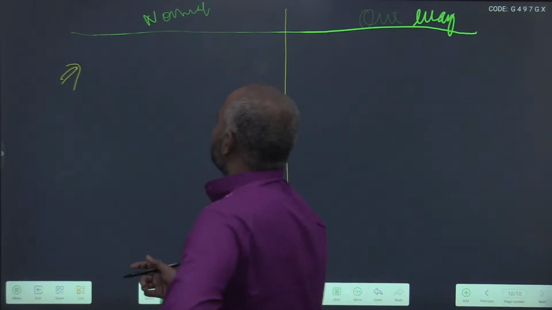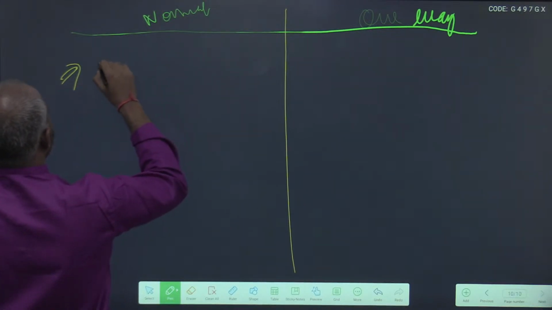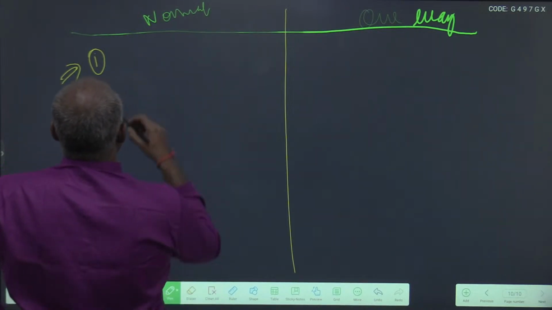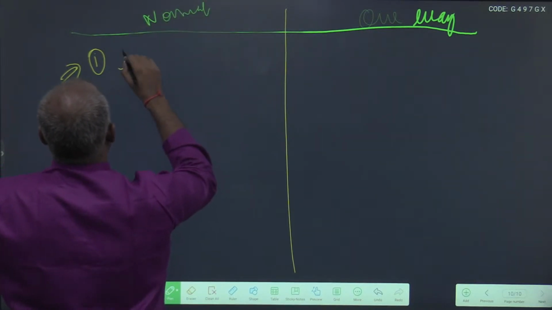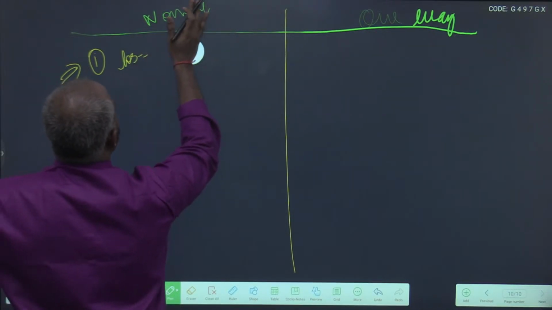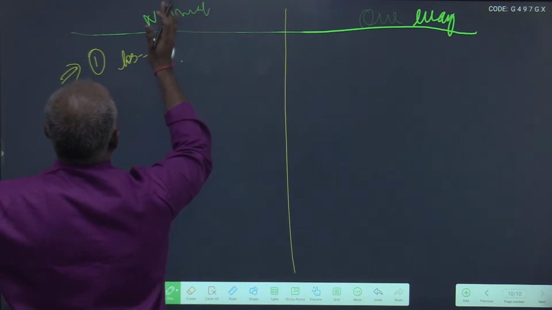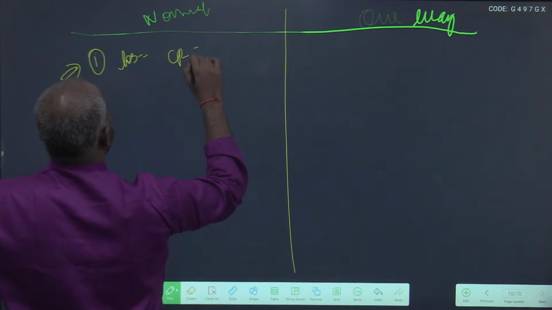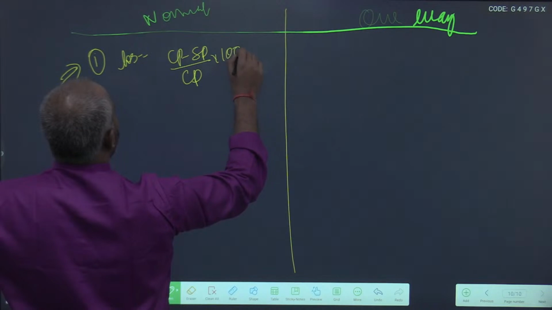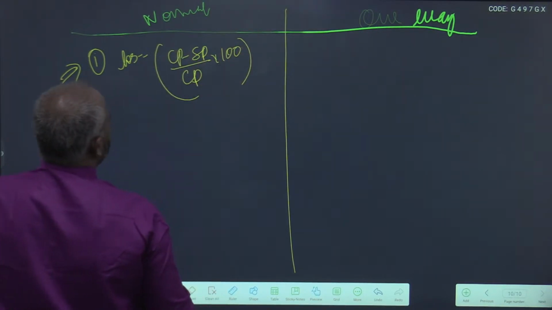The normal way people might have done this, the worst way actually, is using loss percentage. What is loss percentage? Loss means CP will be more, so loss percentage is CP minus SP by CP into 100.